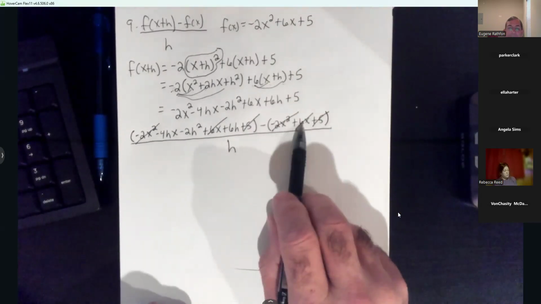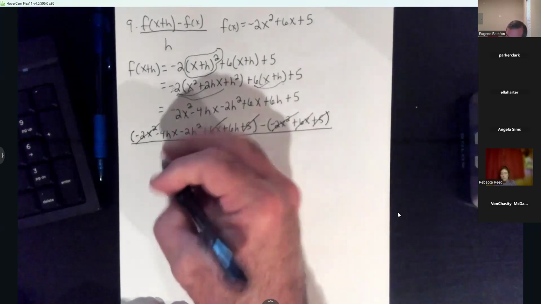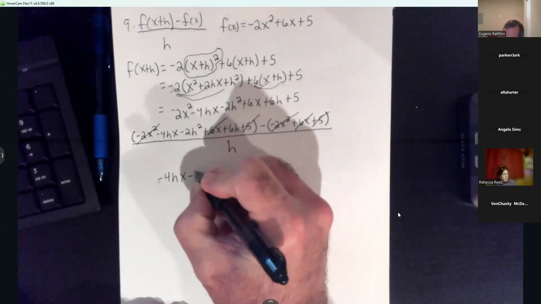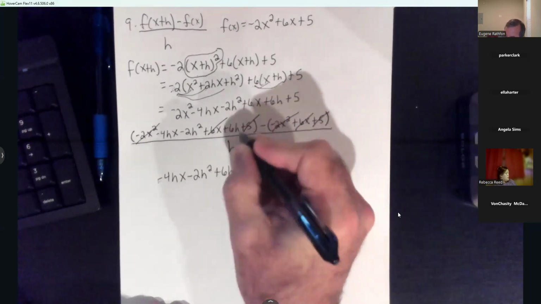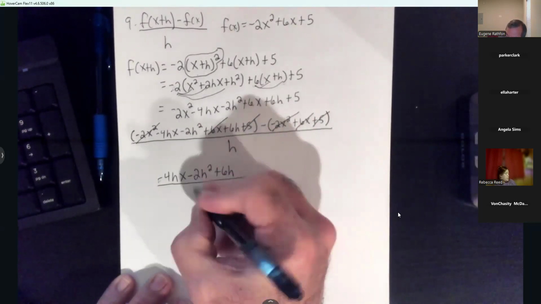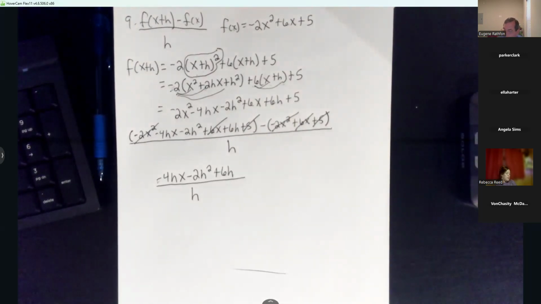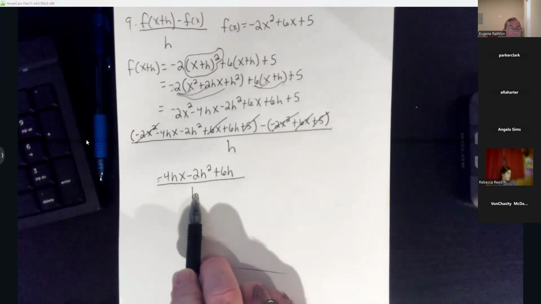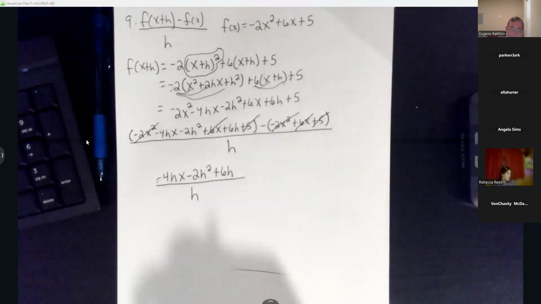So everything in the second parentheses always cancels. So what's left? Negative 4hx minus 2h squared plus the 6h, all over h. At this point, you should have three things on top and an h on the bottom. So the question is, what would be my final answer on that?